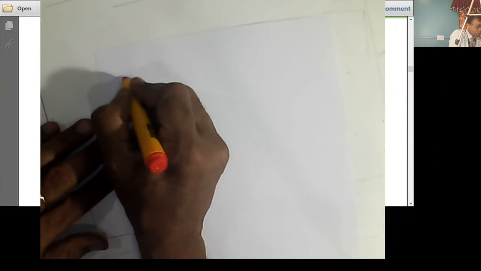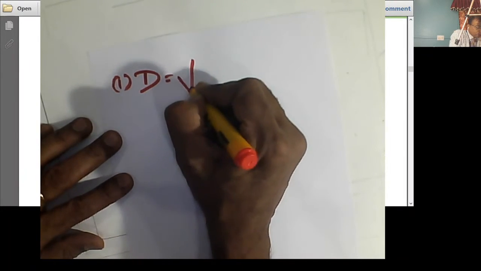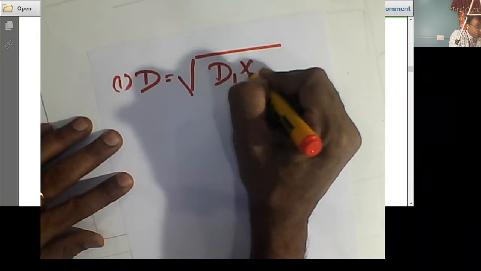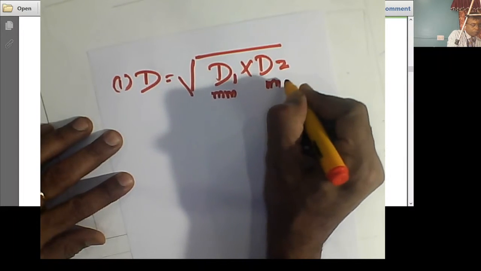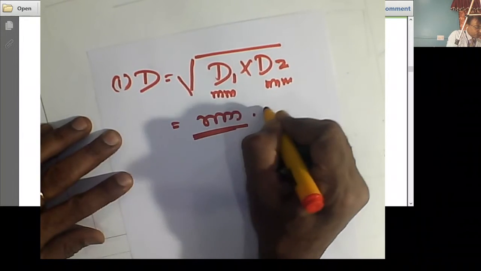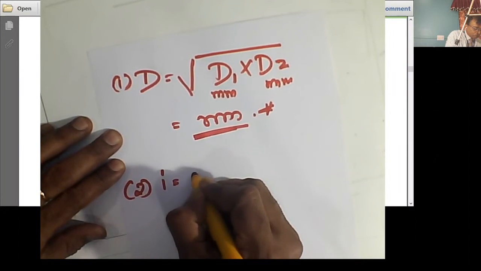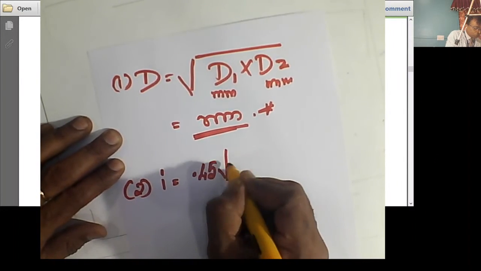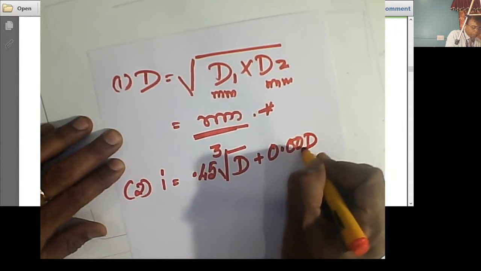First, D is the root of D1 into D2. This is in mm, this is in mm, and the answer you get here is in mm. Keep this in mind. Okay, next, I value 0.45 cube root of D plus 0.001 D.